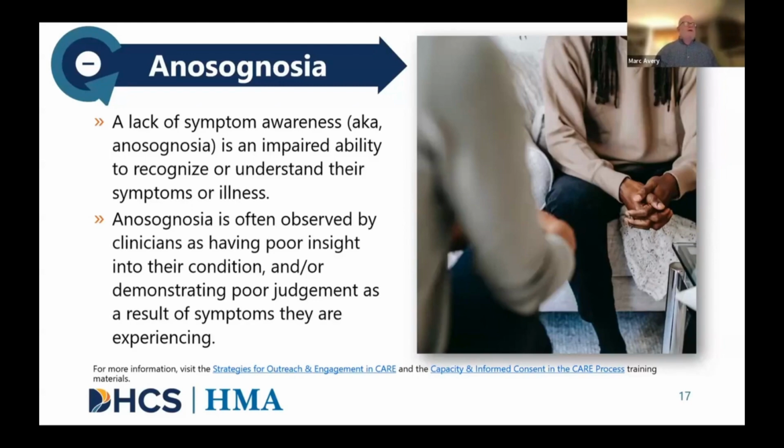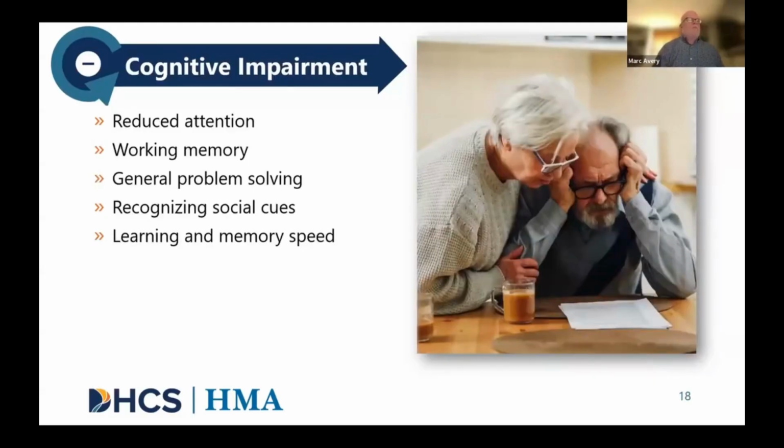The next symptom cluster I'd like to talk about is cognitive impairments. One important clinical aspect of working with persons with schizophrenia is to recognize the real potential that persons might experience cognitive impairments. The cognitive factors such as reduced attention, working memory, and problem solving all can occur in schizophrenia and may require adjusting how treatments are provided.